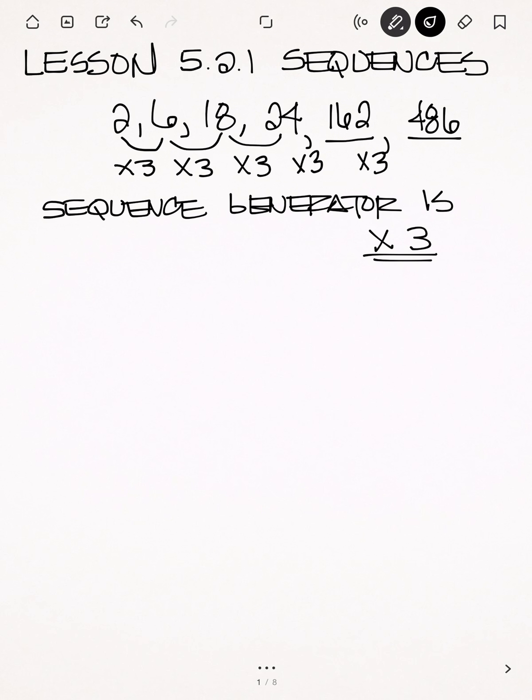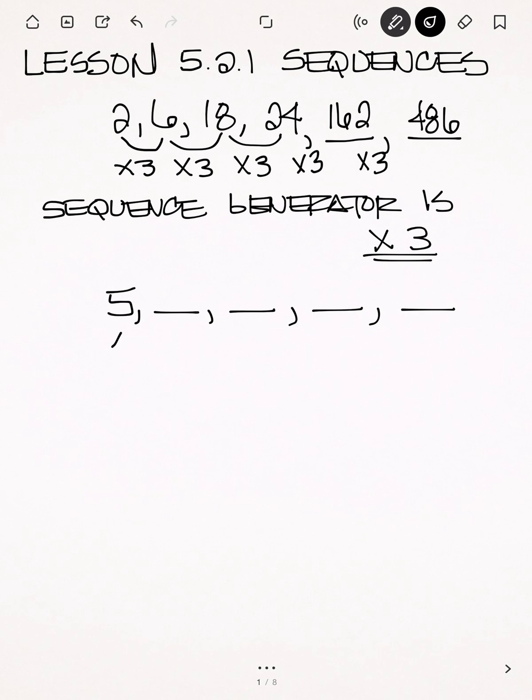Now, we want to find the sequence using the same sequence generator. We want to find the next 4 terms if the sequence starts with 5. So if I start with 5, and I want to find the next 4 terms, and it said to use the same sequence generator, which in this case is multiplying by 3.